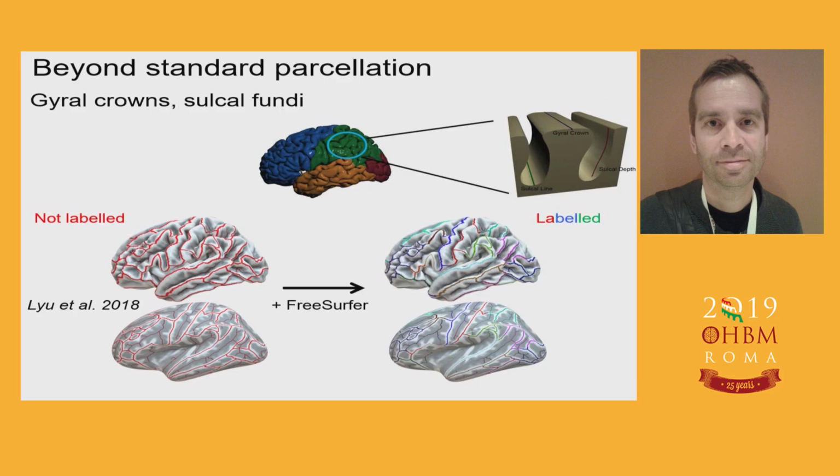I've given one example here, a package by Liu in 2018 that allows for the segmentation of sulcal fundi and gyral crowns. As you can see in the bottom figure on the left-hand side, you get a labeling of sulcal fundi in the bottom, and on the top, the gyral crowns. You can then combine these parcellations with standard FreeSurfer output and get a labeled version of these gyral crowns and sulcal fundi. I will later explain a clinical example using these metrics.